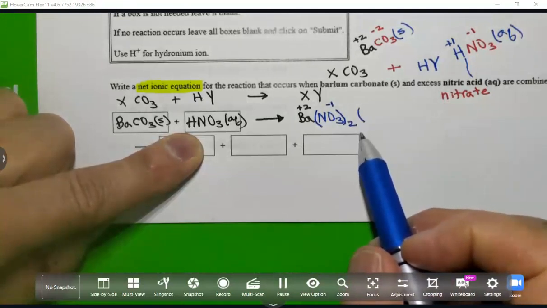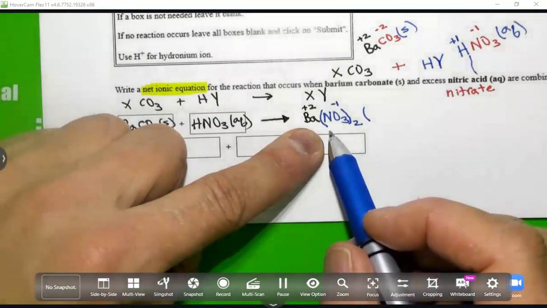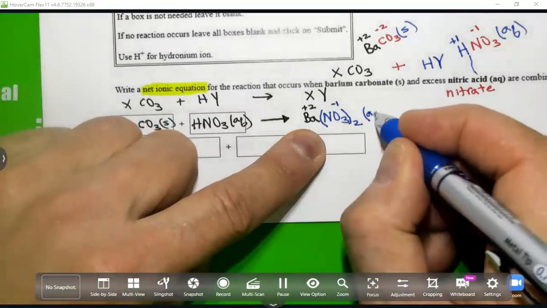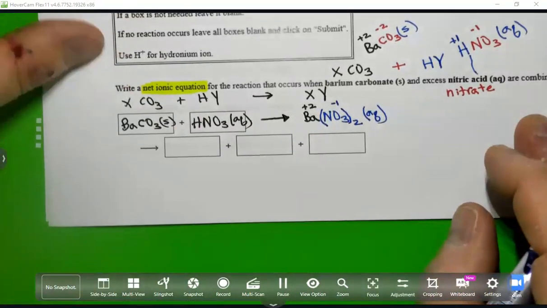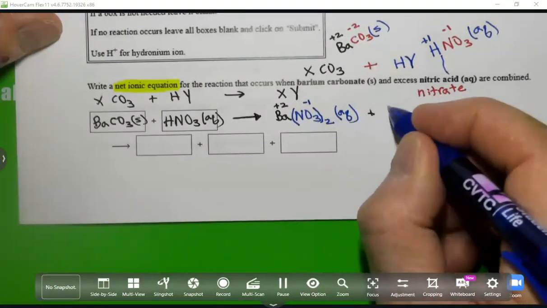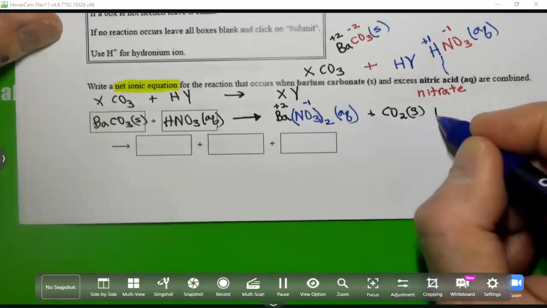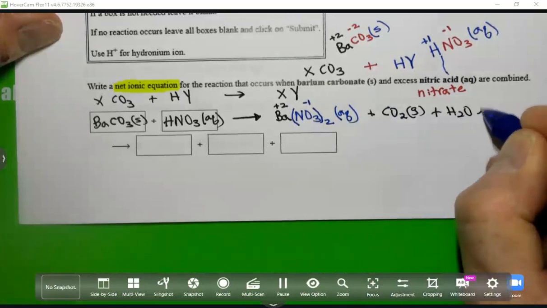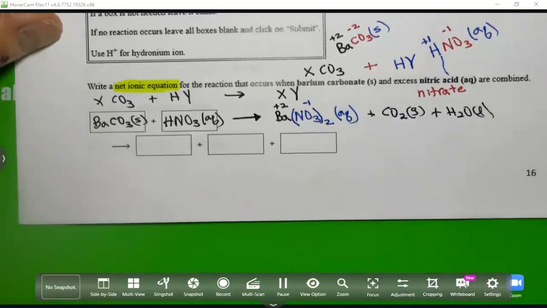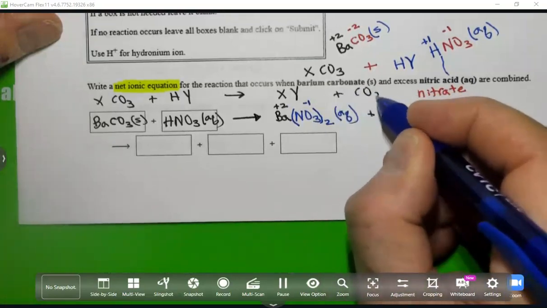Is this going to be aqueous with what we did for lab last week, our solubility rules? Yeah, you don't need to look. Why don't you? Because it's a nitrate. Nitrates are going to be aqueous. I'm going to put an AQ here. And the rest of my products are carbon dioxide gas and liquid water. And these are just given.